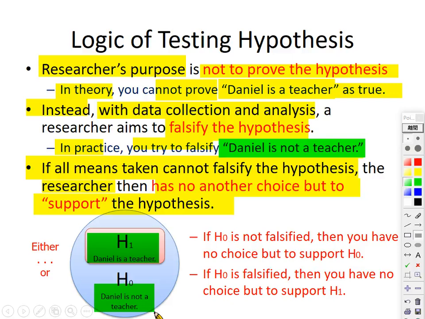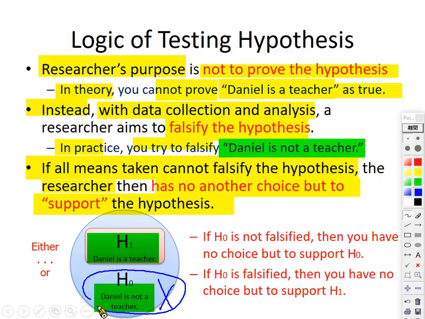Because Daniel is not a teacher. What she sees is that I'm a teacher here teaching. So she has to reject this hypothesis, right? And let's ask one question. Since the president rejects this one, then what will be her choice?